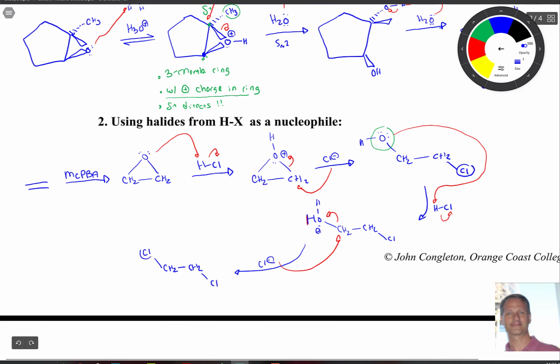You've made a vicinal dihalide, but you could do that synthetically by just taking the alkene and adding chlorine, right? Anyway, interesting little reaction that's still included in your text, but synthetically it's not very useful.